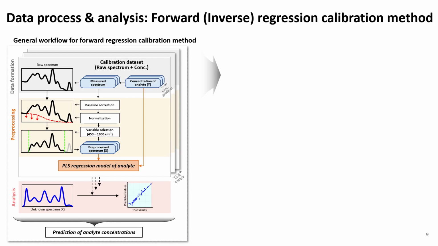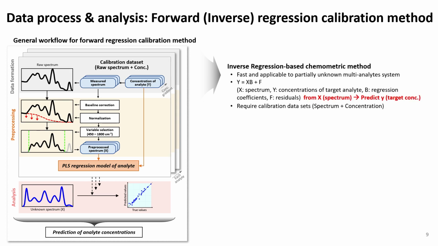The calibration model used in most of the studies, as you saw in the previous slide, is the chemometric model. Most studies used the forward regression method, which predicts the concentration value of the target material from the measured spectrum X. Partial least square regression is one of the famous types of inverse regression methods.